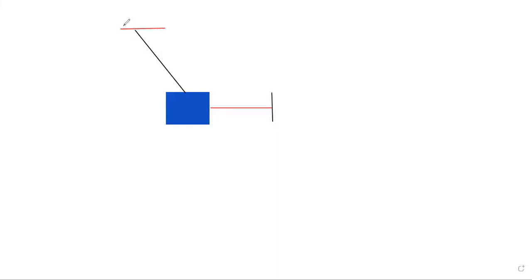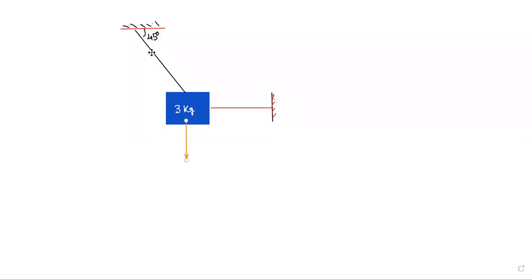Here this is the roof, making, I think, 45 degrees here. This is given as 3 kg. So one force we have drawn is weight, vertically downwards. This is mg.